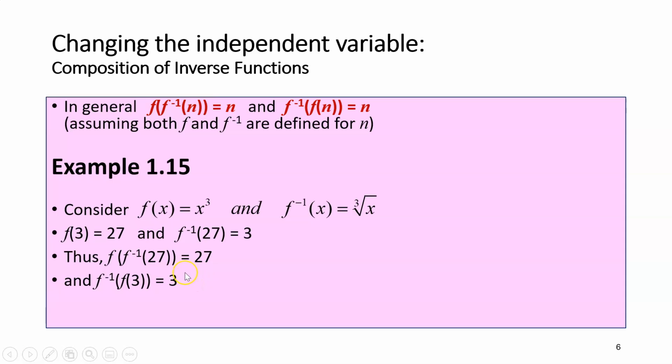Okay, so this is what is meant by this formula and this formula. Whatever you have, when we compose the original function with the inverse function, you will get n. And whenever you change it the other way, you will also get the same answer.